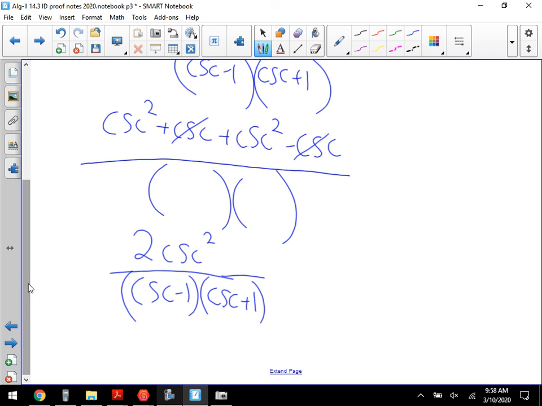Now, if I FOIL out that denominator, I get cosecant squared minus 1. You okay with that? What's cosecant squared minus 1? Cotangent squared.